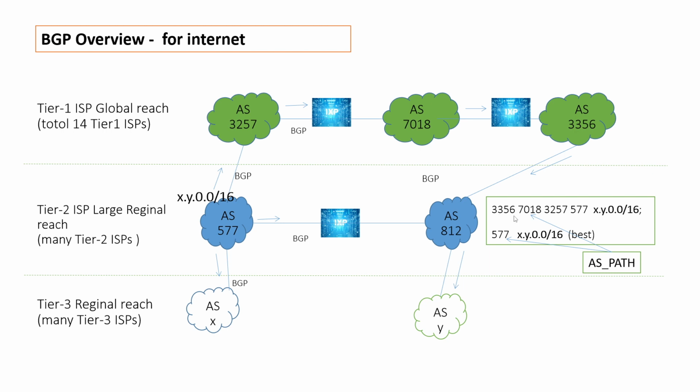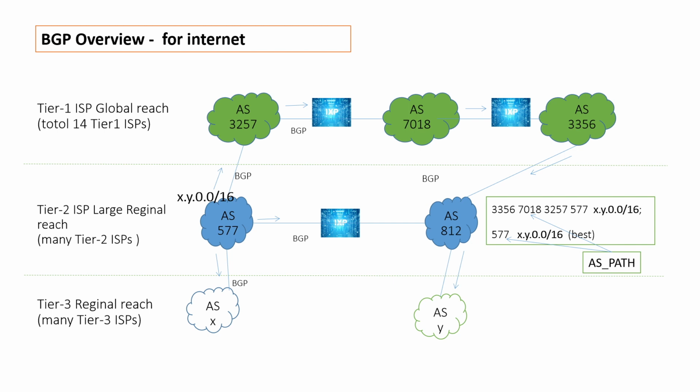The first path includes four AS numbers. These AS numbers are called the AS path. The second route just includes one AS number, which is also the AS path. Since BGP is a path vector routing protocol, from AS812's perspective, it will choose the shorter AS path as the best route. So it will choose the bottom route as the best BGP route.